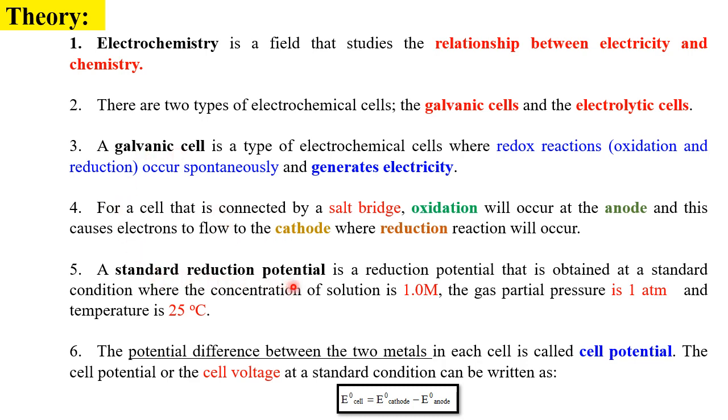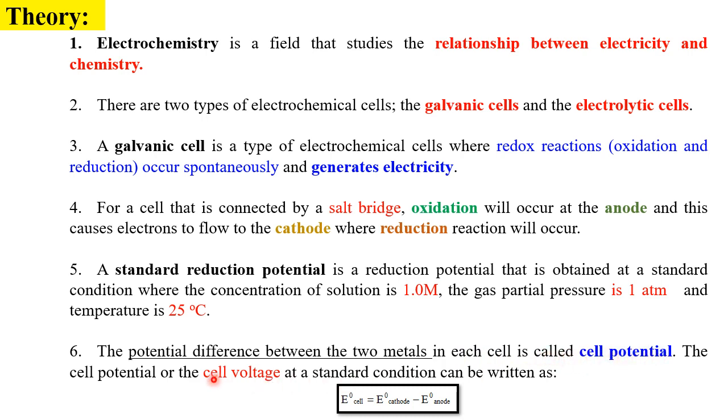The standard reduction potential is a reduction potential that is obtained at a standard condition. What is meant by the standard condition? It means the concentration of the solution is 1.0 molar, the gas partial pressure is 1 atm, and the temperature is 25 degrees Celsius or 298 Kelvin. The potential difference between the two metals in each cell is called the cell potential.